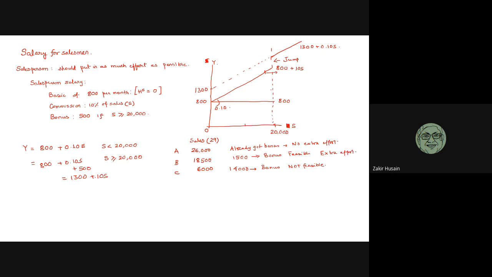Only B. A person who is close to the margin. It is worthwhile for him to put in the extra effort so that he jumps from here to here. In case of A, he has already moved over here. He doesn't have extra incentive. In case of C, the effort is too much.